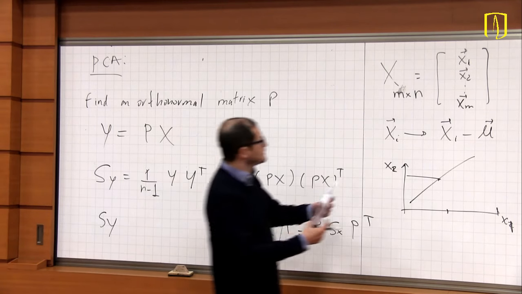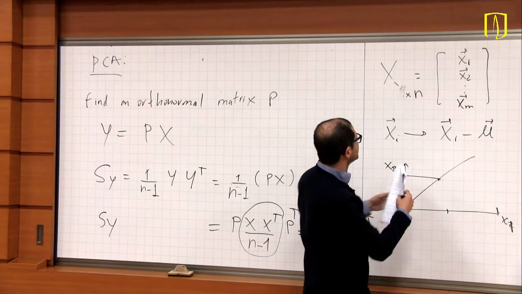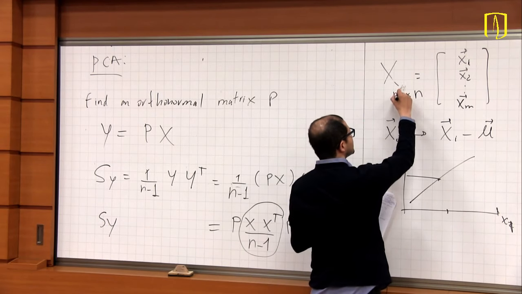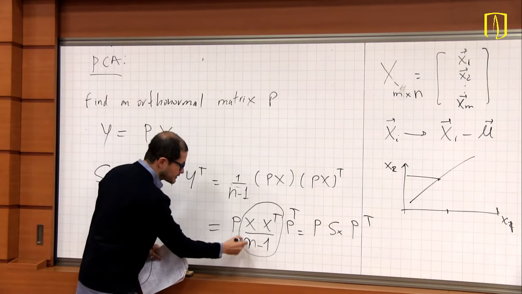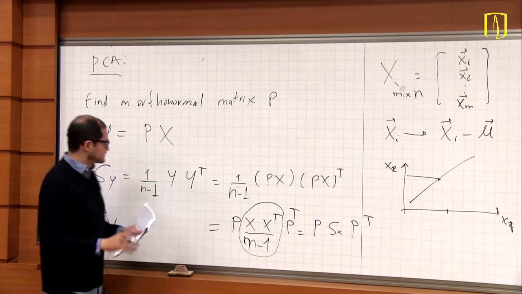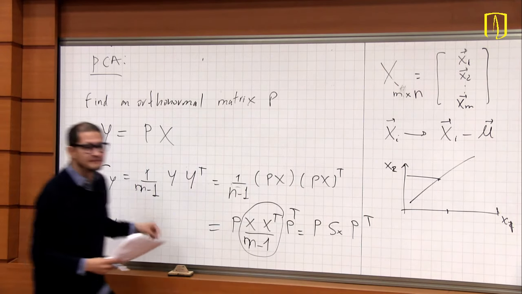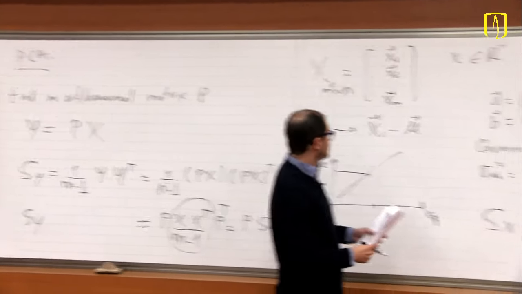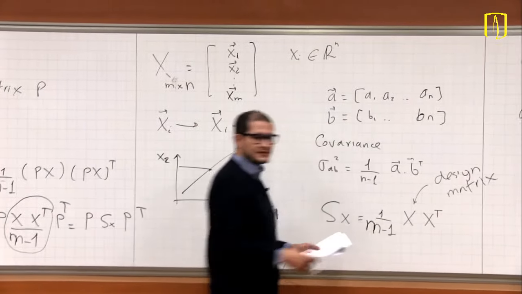So maybe I should simply change, flip this. Oh no, this is fine. So maybe I just should add m here. Sorry about that, I may have made a mistake.